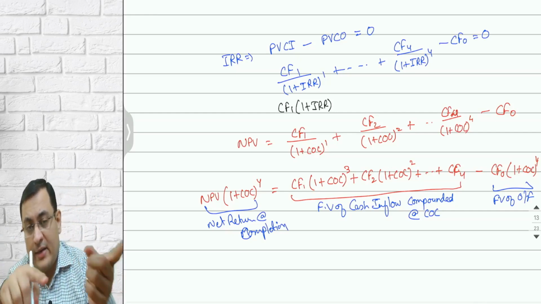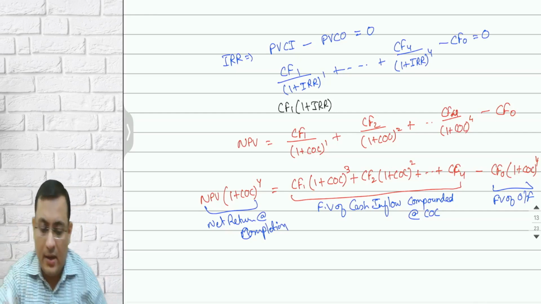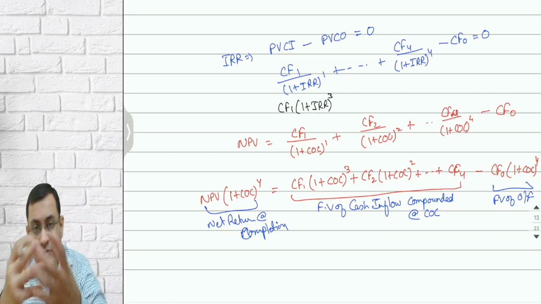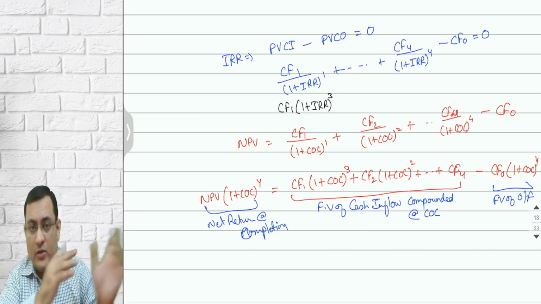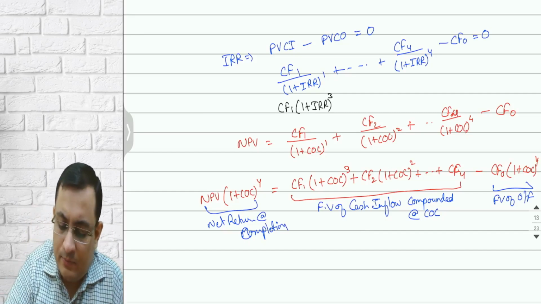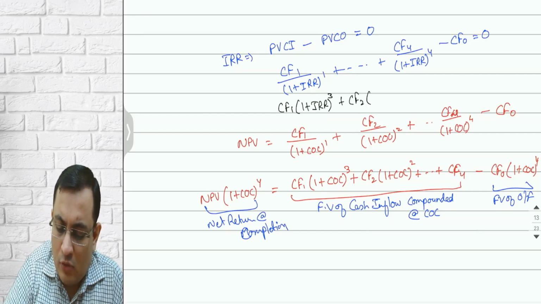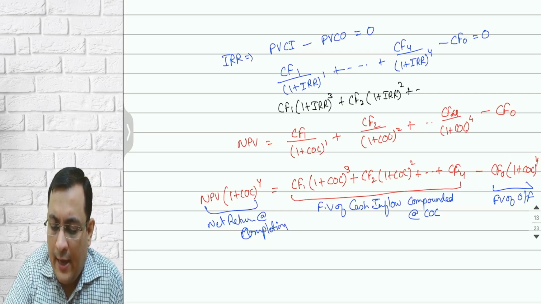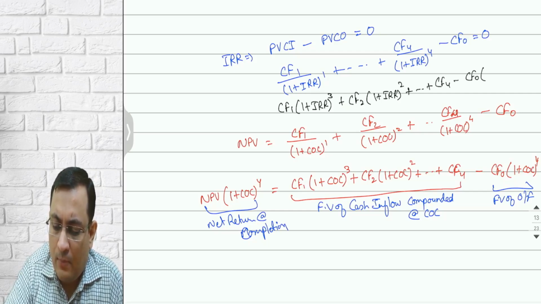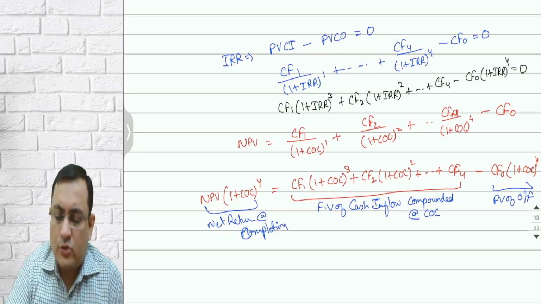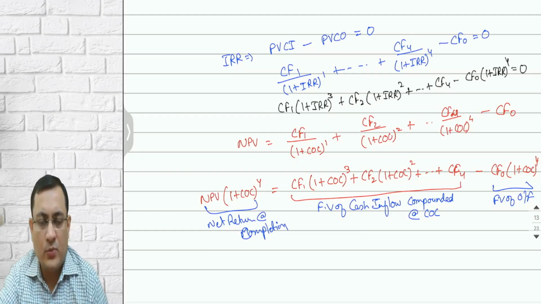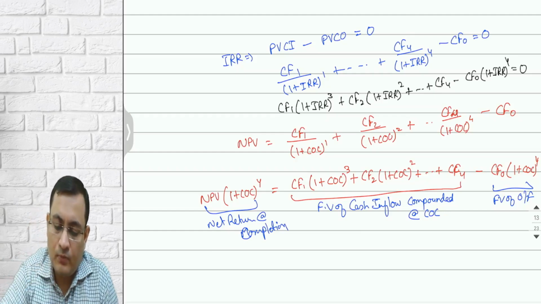Are we going to get the same return in the market at T1, where we will be receiving CF1, for an additional investment period of 3 years? CF2 to be compounded by IRR for an additional 2 years. And last, CF4 minus CF0 times (1 plus IRR) power 4 should equal 0. Multiplied by that, cross multiplication will again give 0.